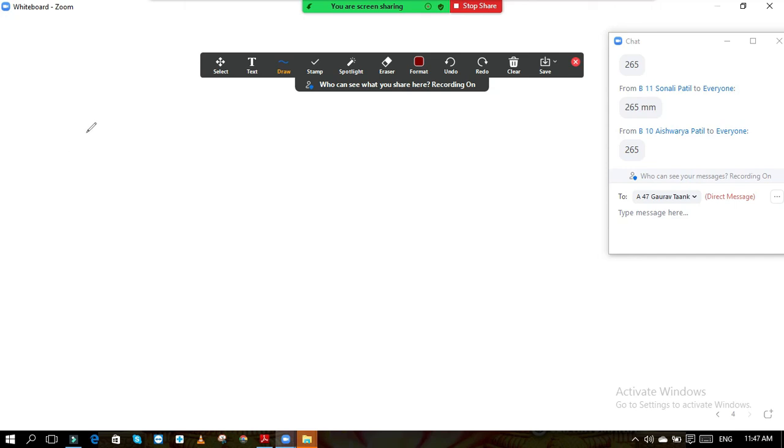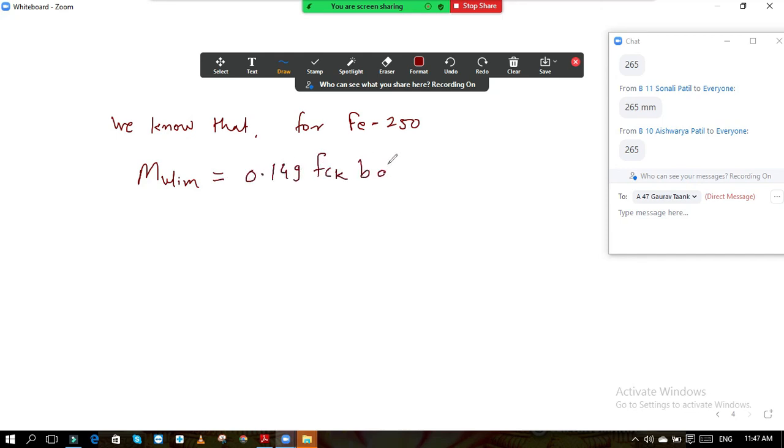So now we know that for Fe250, Mu limiting is equal to 0.149 fck b d squared. Okay, now we have finalized our depth. So Mu limiting is equal to 0.149 into fck, fck is 20, into b, b I think is given in the problem, that is 250, into d square. d is 500.